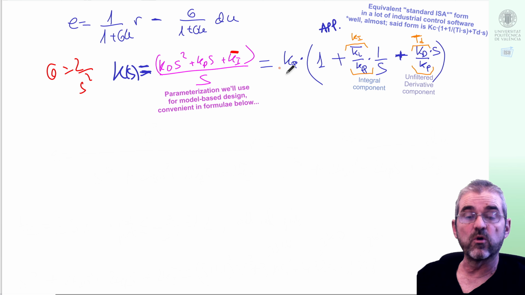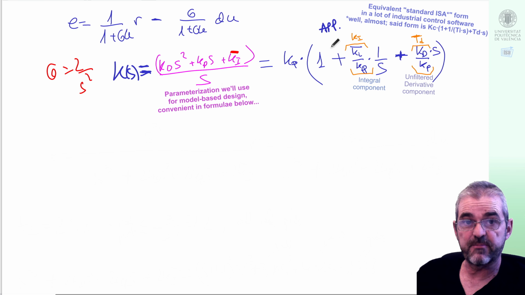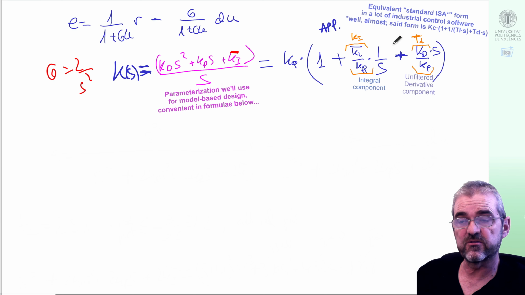So this is the global control gain responsible for the overall proportional part, plus some number times 1 over s, which is the integral action, plus some number Td times s, which is the derivative action. Apart from the noise filter that we will need to put in my simulation, we will assume in theory that we have this blue controller parameterization, which is equivalent to the pink parameterization that we will use next.